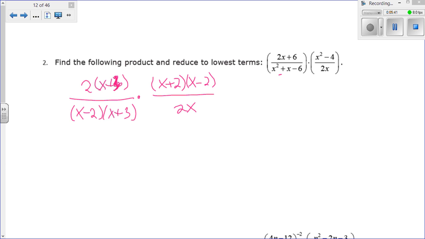Now when I'm looking at all of my factors, the ones I have in common are x plus 3 and an x plus 3, and x minus 2 and an x minus 2. And believe it or not, these 2's work. They are factors. So I'm just left with, for my final answer, x plus 2 over x.